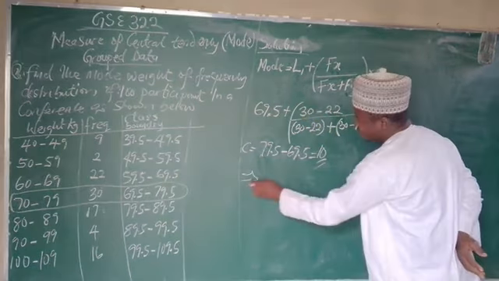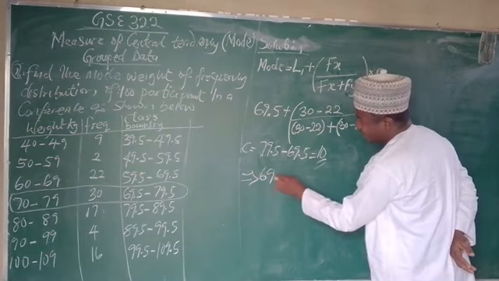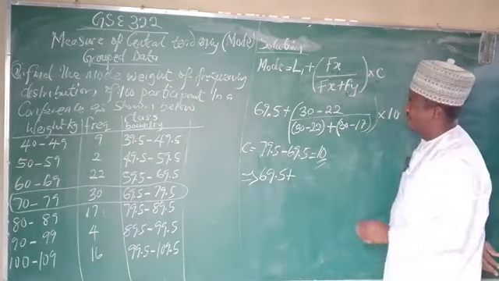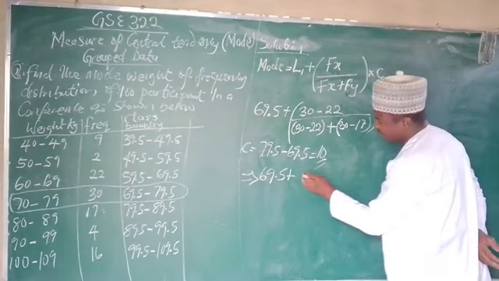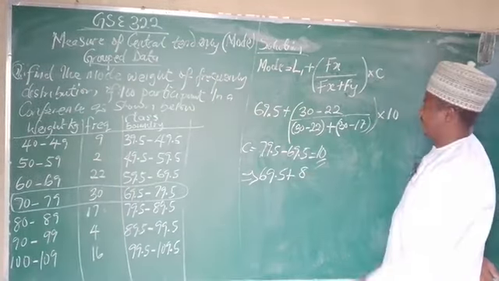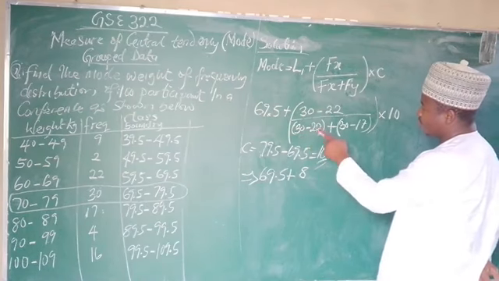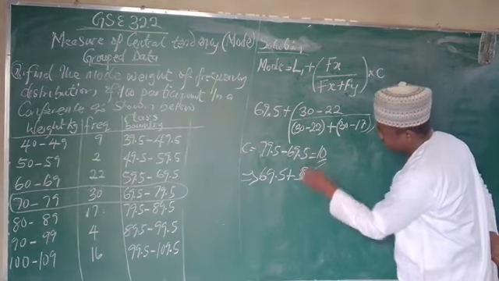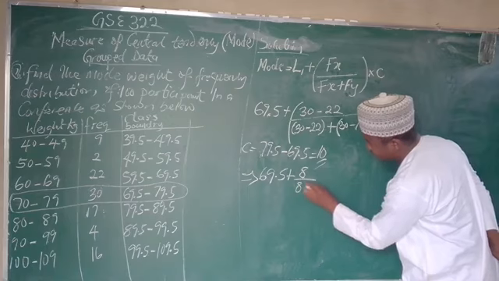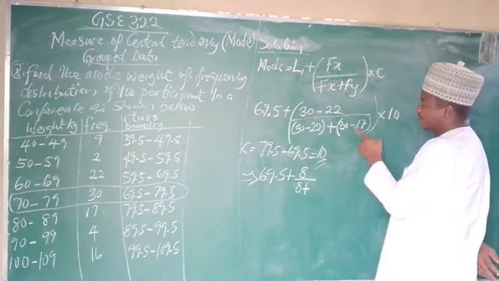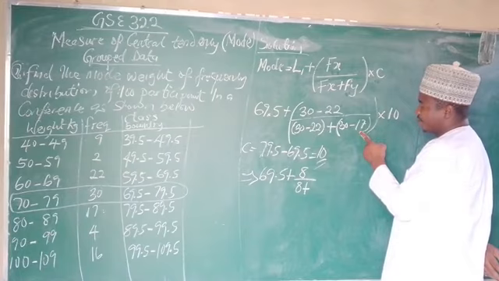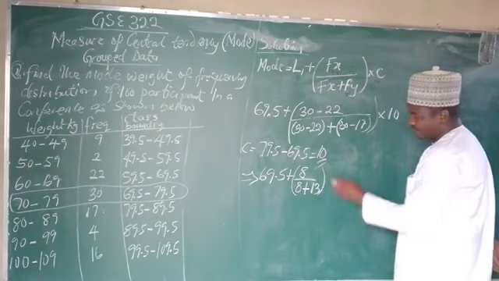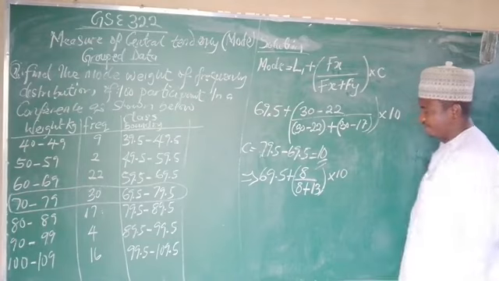Therefore, this implies that 69.5 plus 30 minus 22 is going to give us 8, over 30 minus 22 also is going to give us 8, plus 30 minus 17 is going to give us 13. Then we close the bracket and say times 10.